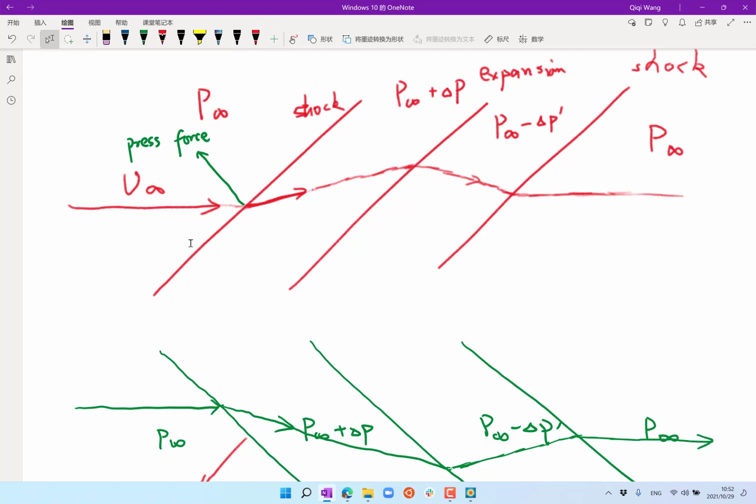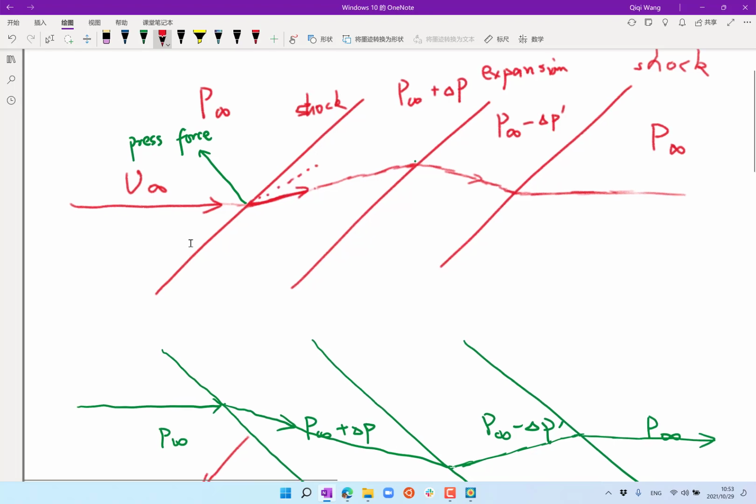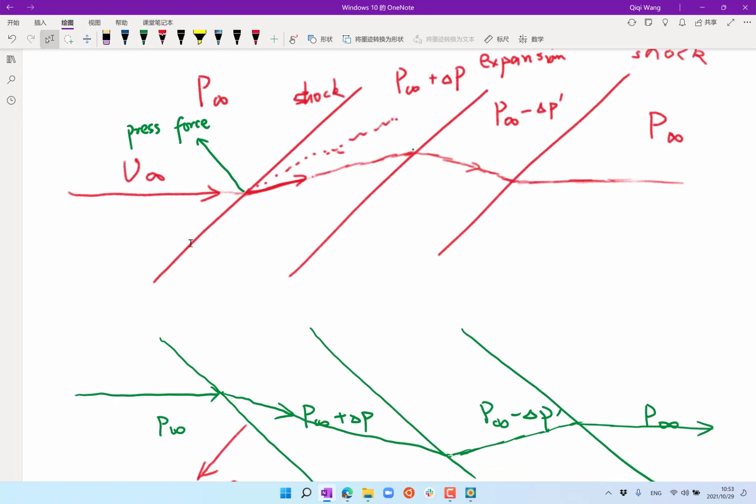Again, let me reiterate. If you increase this point by a factor of 2, let me just draw some dashed line. Here would be plus maybe a factor of 2, right? I don't know how to say that, but the delta P would increase by a factor of 2.